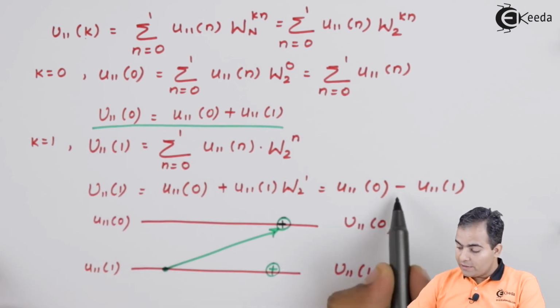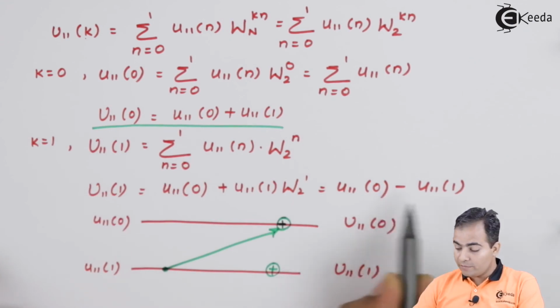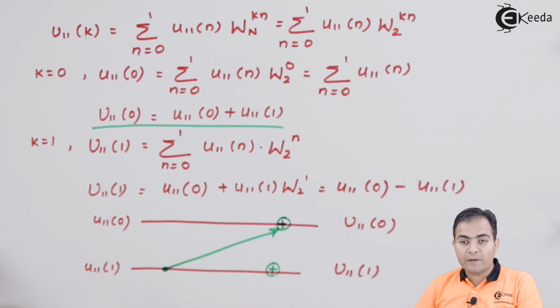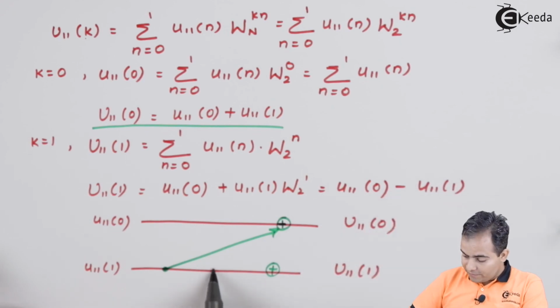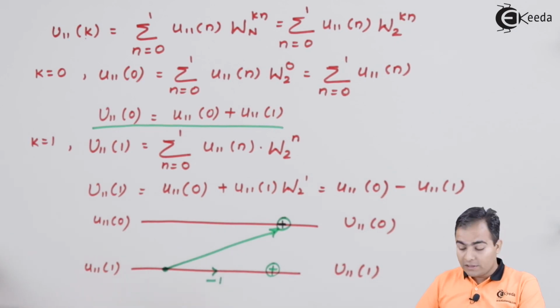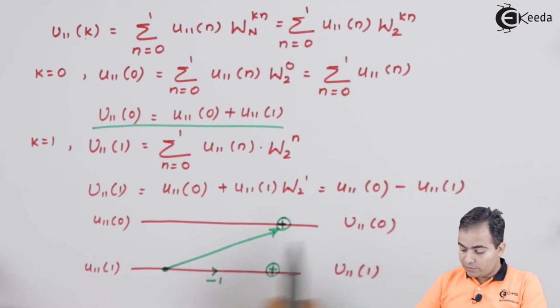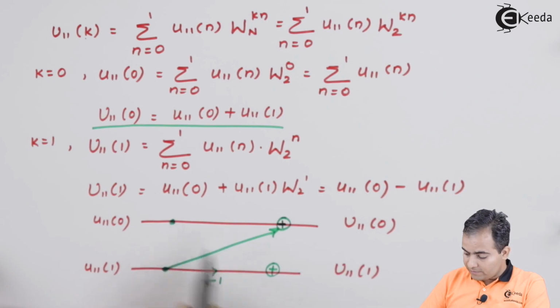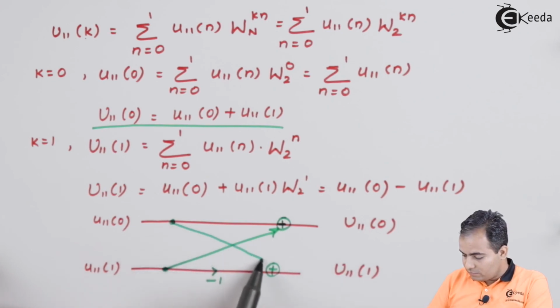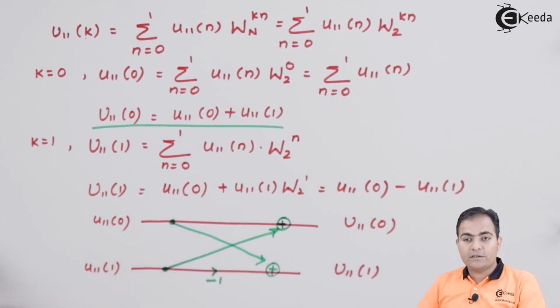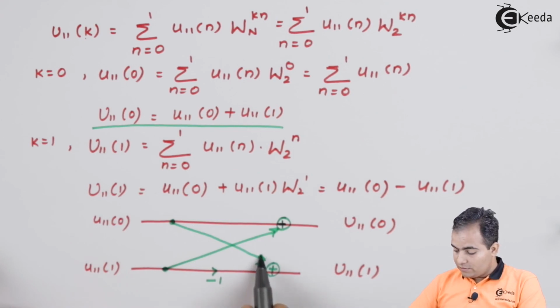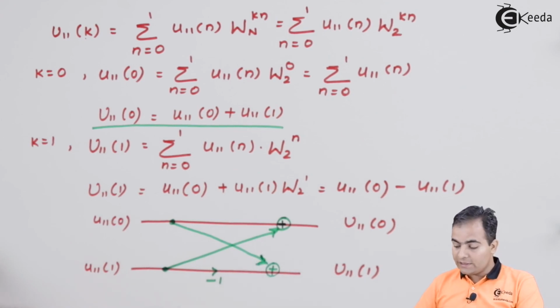But here we have to do the same thing, except U11 of 1 is multiplied by a minus sign, which means if I multiply this whole line by a minus sign after this dot, then U11 of 1 will carry the minus sign, and this will be added with U11 of 0. So I'll take one line from the upper side and connect it with this, and this is the diagram for the 2-point DFT.